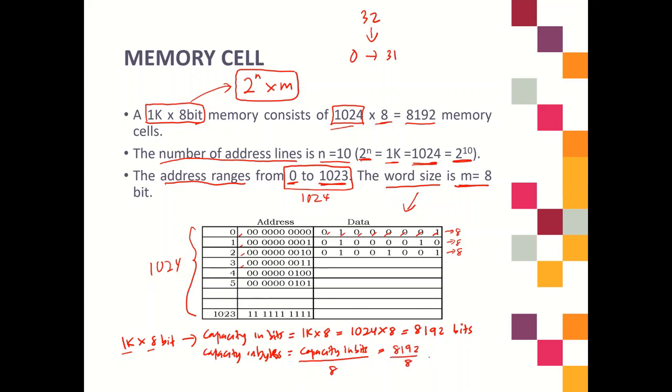So you just divide by 8. Why do you need to divide by 8? Because you know that one byte is equal to 8 bits. So when you divide 8192 by 8, you will get 1024 bytes.